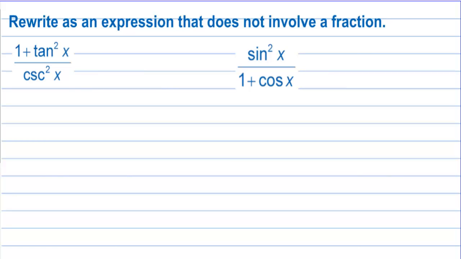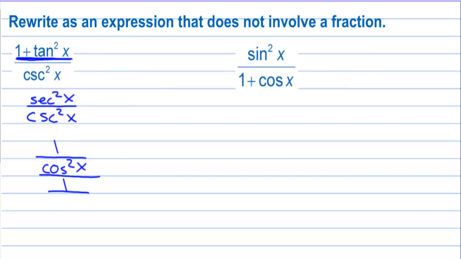Rewrite as an expression that does not involve a fraction. 1 plus tangent squared is equal to secant squared. So I can replace the 1 plus tangent squared with secant squared, and it's over cosecant squared of x. Well, secant squared is the same as 1 over cosine squared, and cosecant squared is the same as 1 over sine squared.